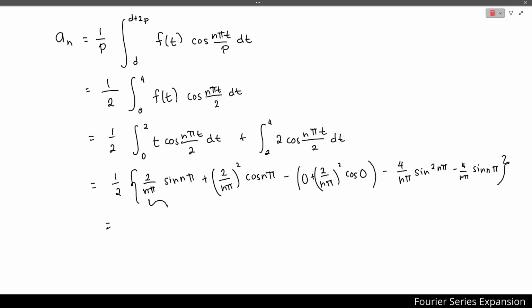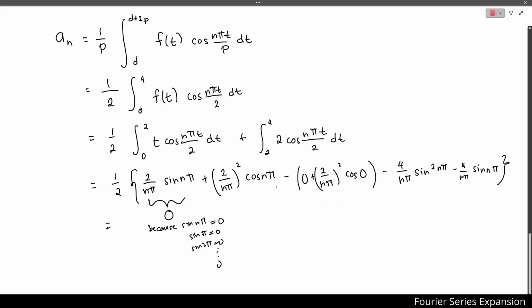This value here is always 0 because sine n pi is always 0. Sine pi equals 0. Sine 2 pi equals 0. Lahat yan, 0.